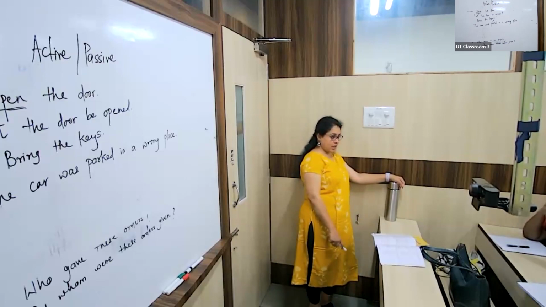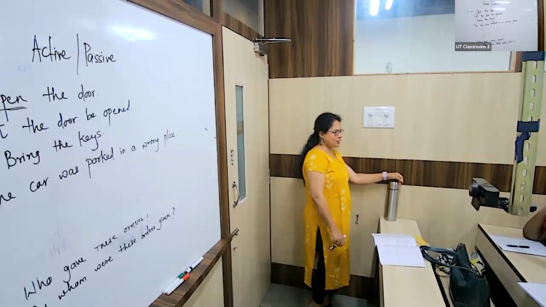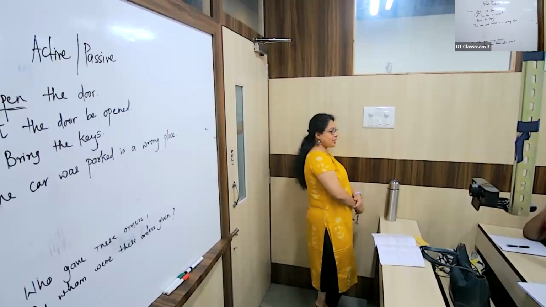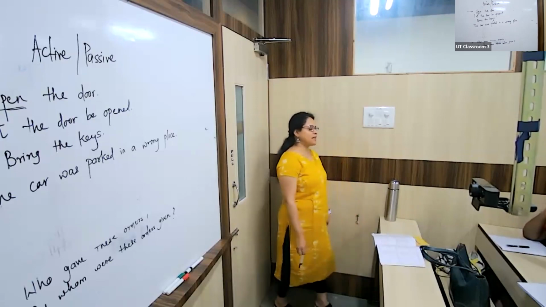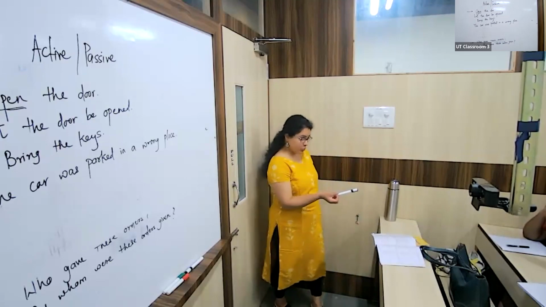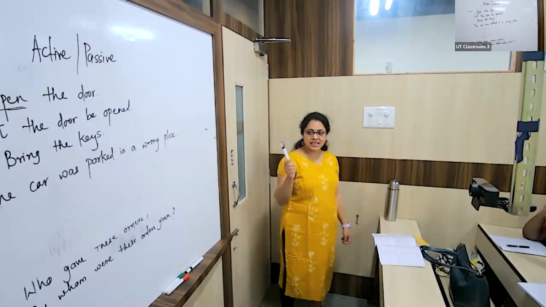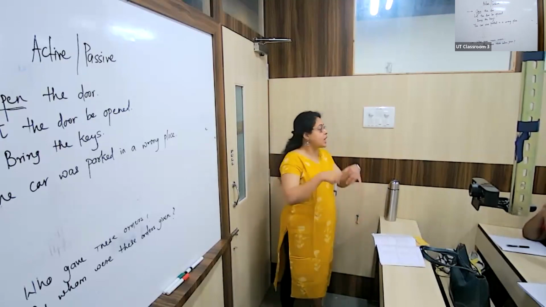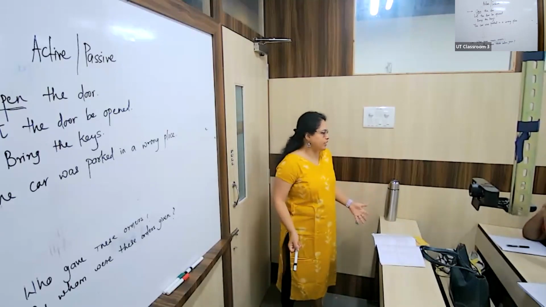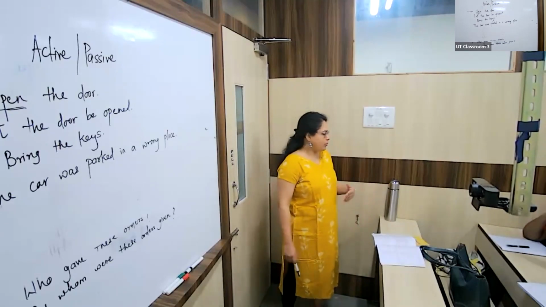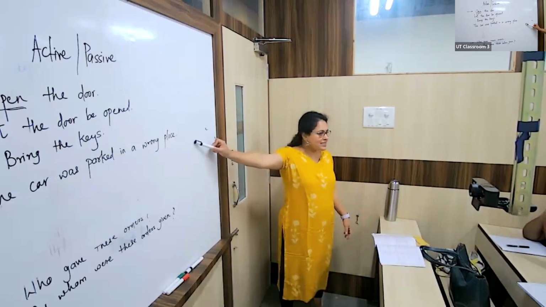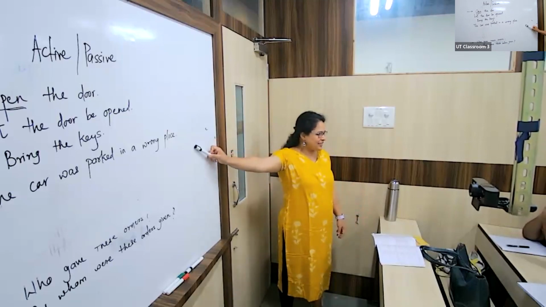The car is doing the action. Active voice or passive voice? This is passive voice, where by is missing. The car was parked in the wrong place by someone maybe, or by him, or by her. That by is missing.